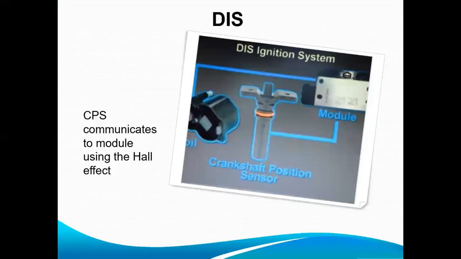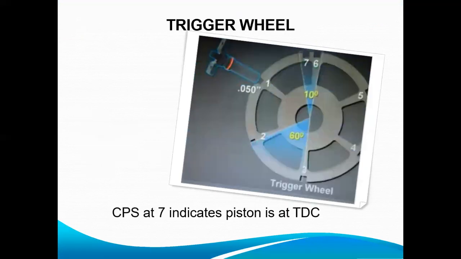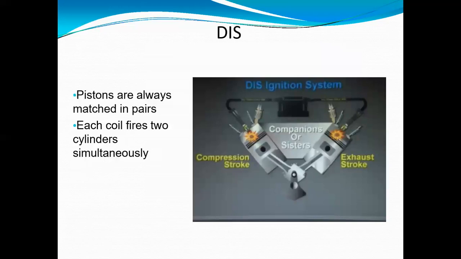In the DIS ignition system, the module and crankshaft position sensor: the CPS communicates to the module using the Hall effect. The trigger wheel, that is the CPS, indicates the piston is at TDC. In the DIS ignition system, pistons are always matched in pairs. Each coil fires 2 cylinders simultaneously.